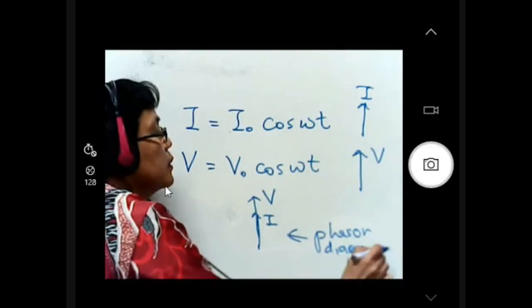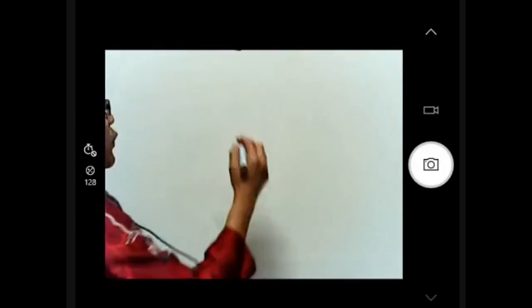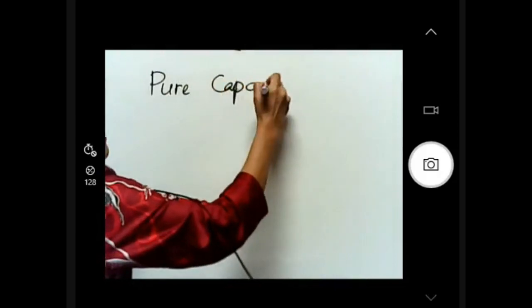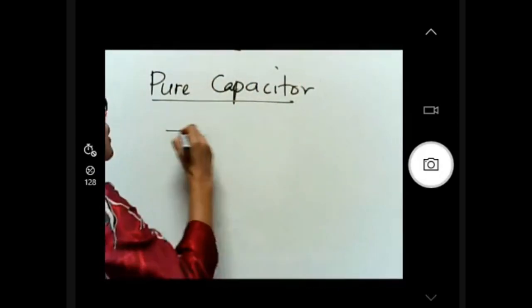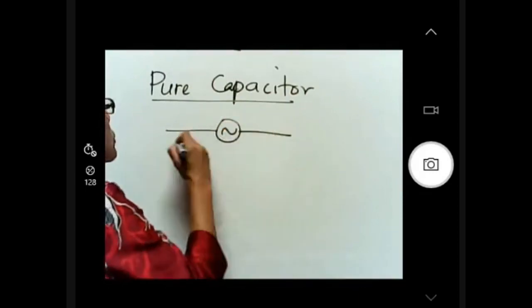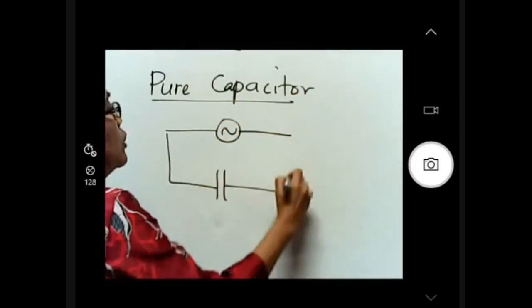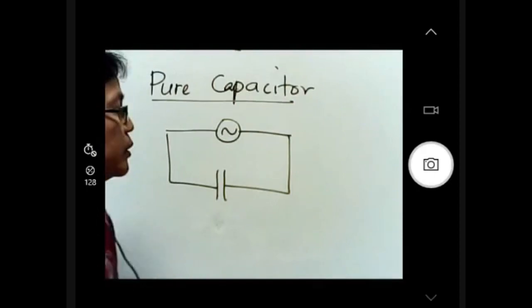Now we are going to continue with pure capacitor. Pure capacitor meaning our alternating source is connected to a capacitor only. No other component, only capacitor.